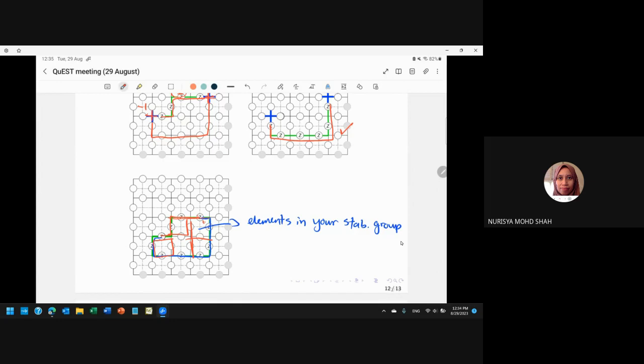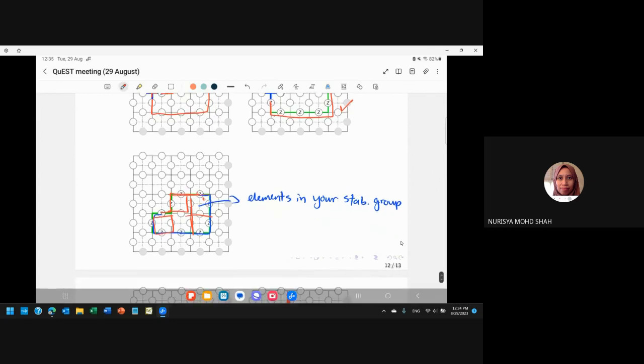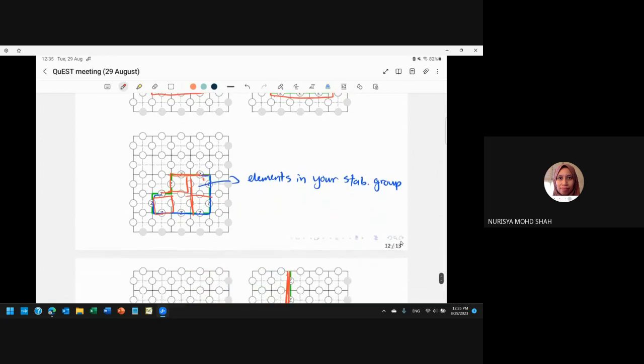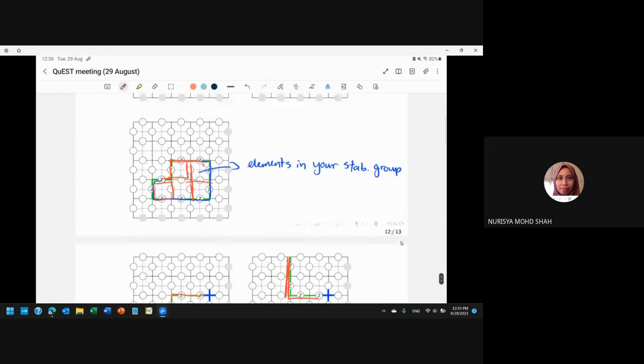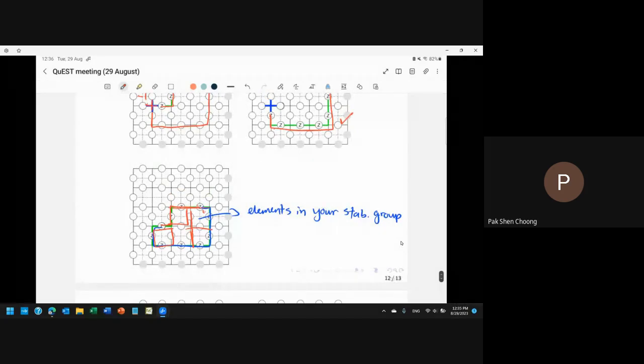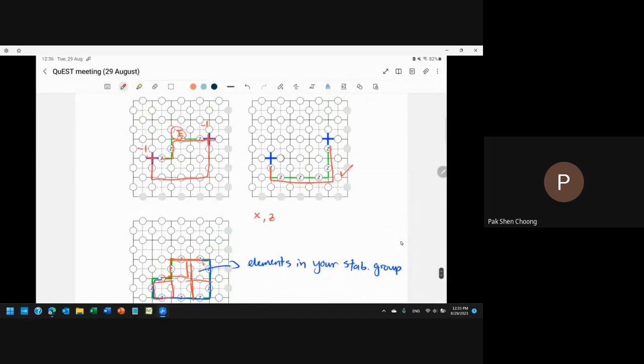So in terms of errors, we are using the vertex or plaquette, or combinations? You can have X errors, you can have Z errors. In this case, I'm talking about the Z errors, so I look at only the vertex. If you consider the X errors, then you look at your plaquette operators in the lattice.